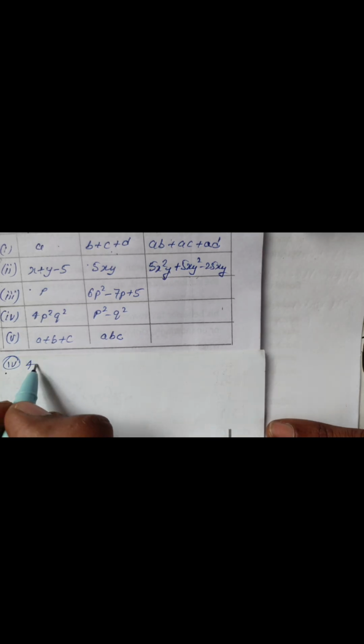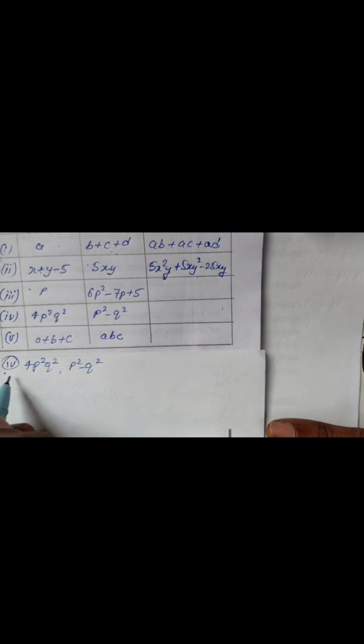let's solve the fourth one. So 4p square q, times p square minus q square. So we need to multiply 4p square q into p square minus q square.